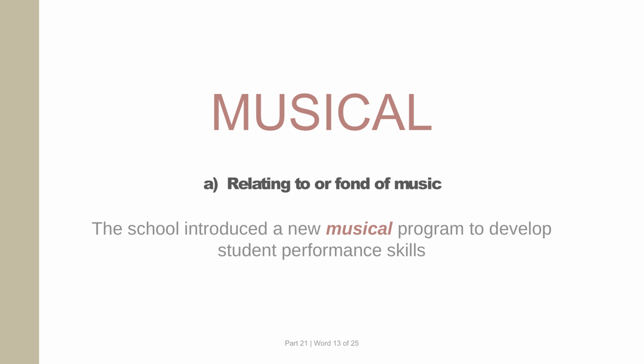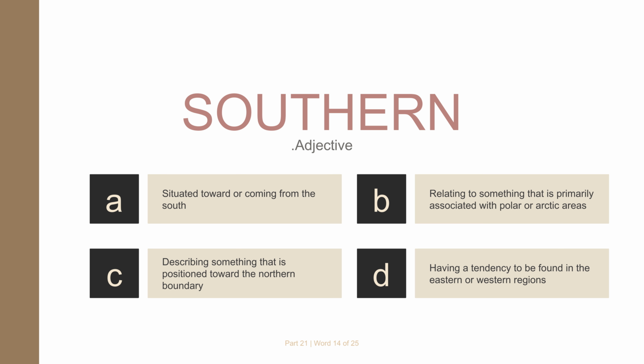Question 14. What is the meaning of Southern? Option A. Situated toward or coming from the south. Option B. Relating to something that is primarily associated with polar or Arctic areas. Option C. Describing something that is positioned toward the northern boundary.